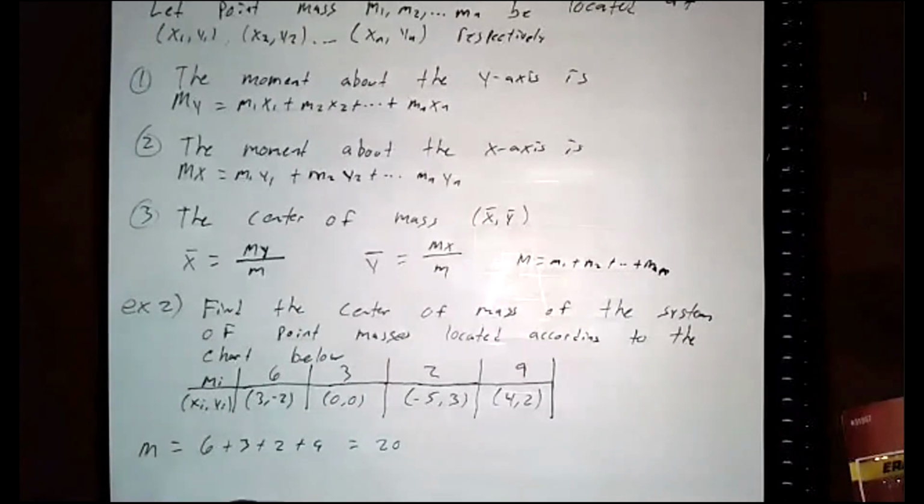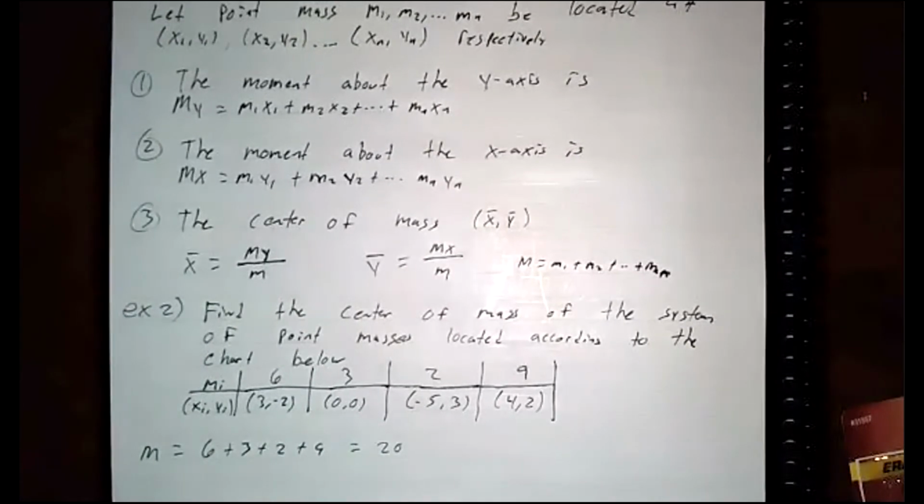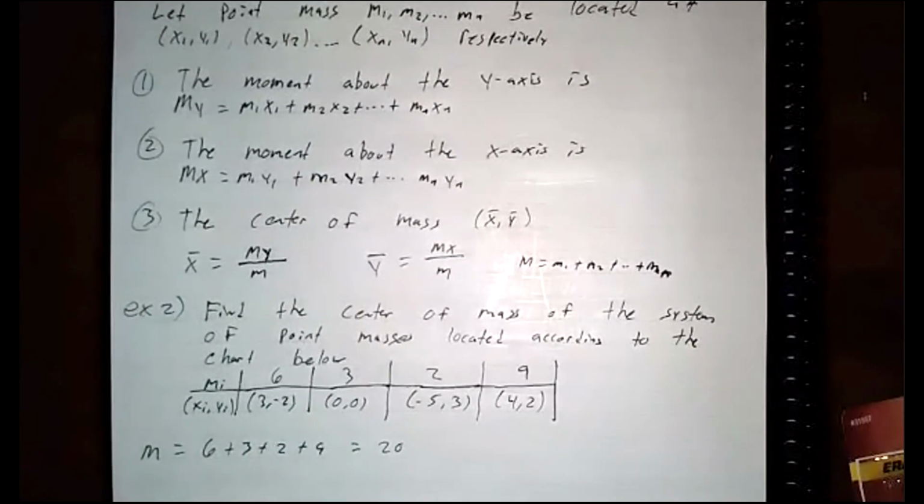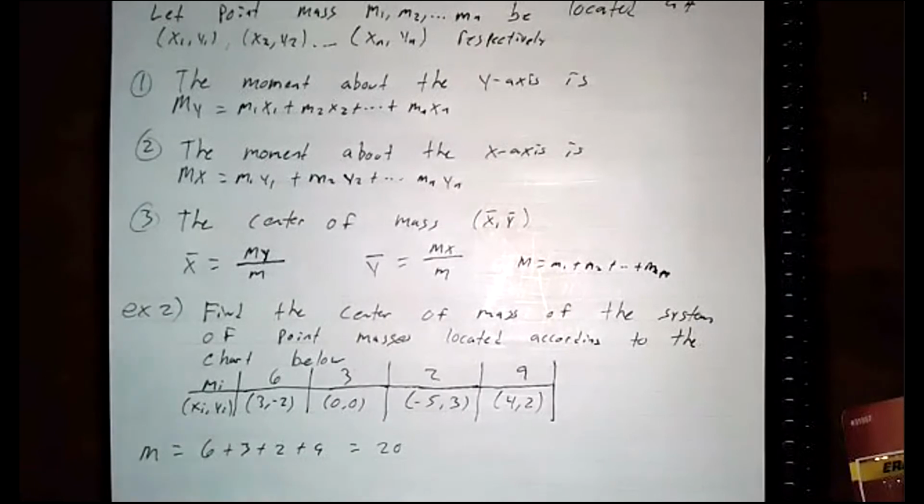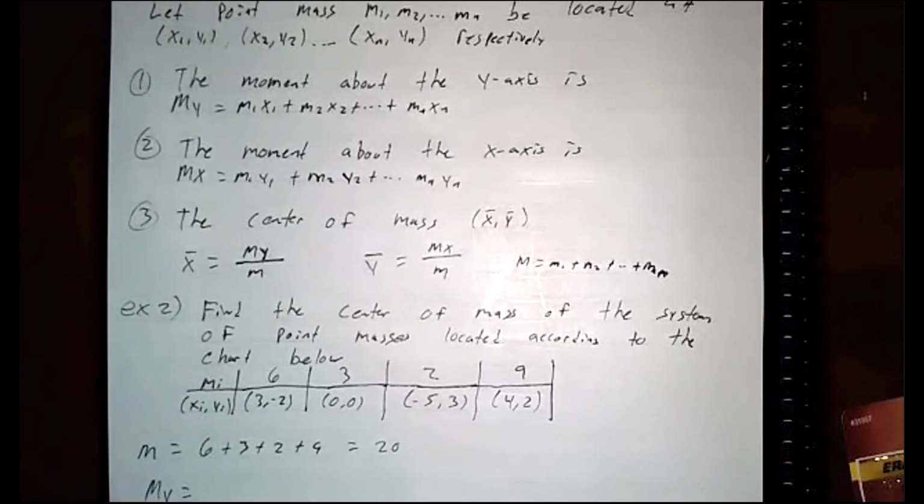So now we got to find, similar to the last question, the My and the Mx. So we did Mx last time. Wait, actually, hold on. I'm dyslexic, so My is defined with the x's, Mx is defined with the y's.